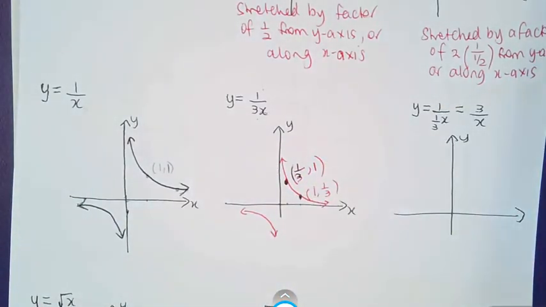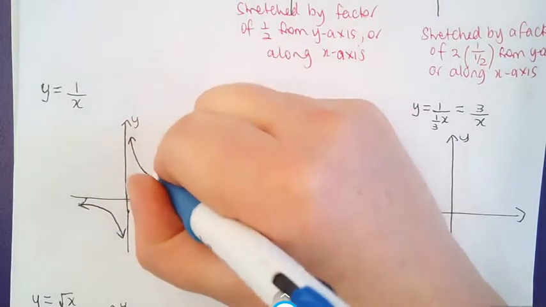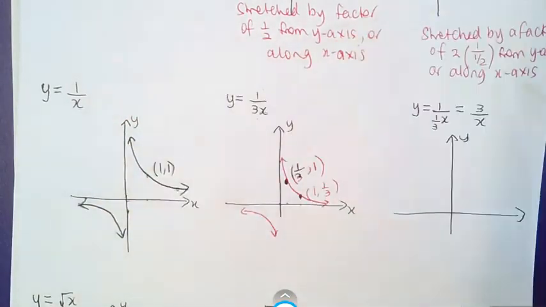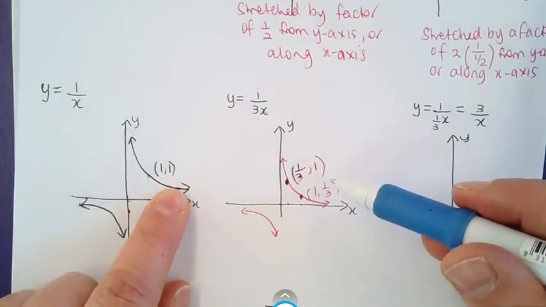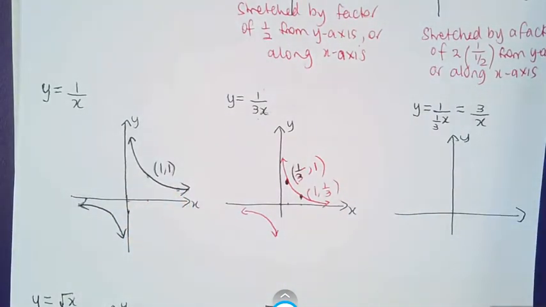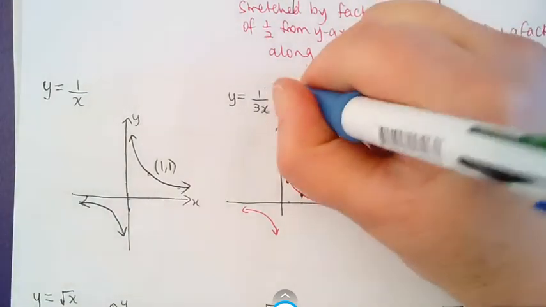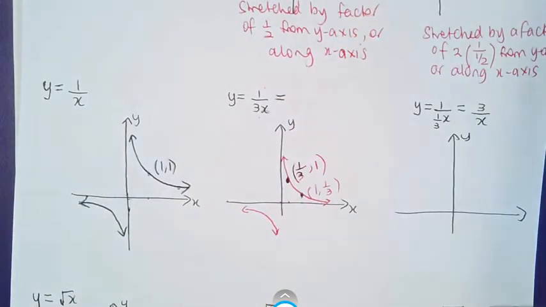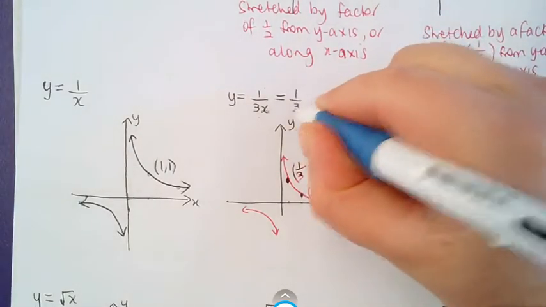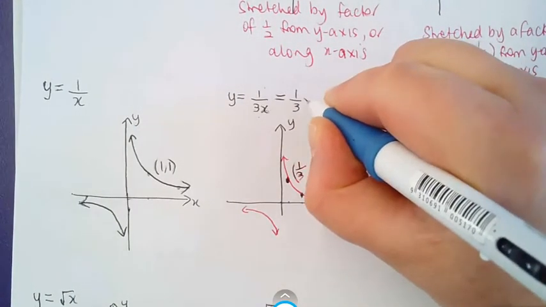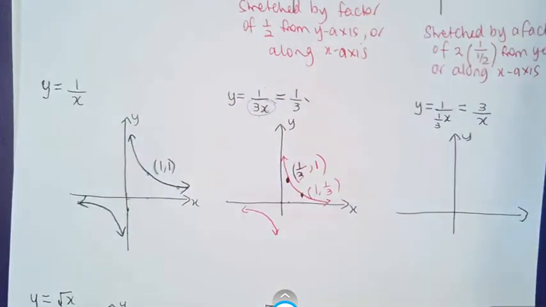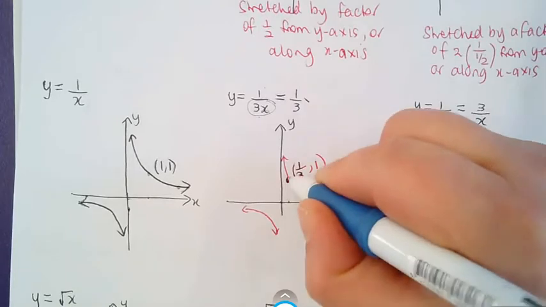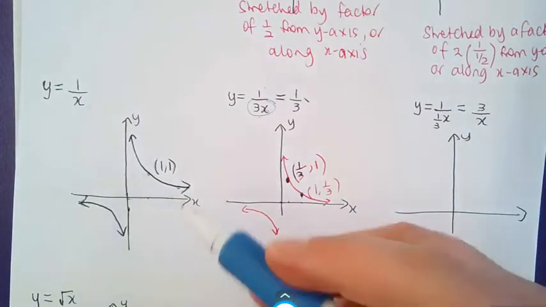Now, have you found 2 points with the same y value? Yes? I'll show you what this first function means. You know how you've got to write it as y equals ax? There's your ax. So it is a factor of 1/3. You can see it here.